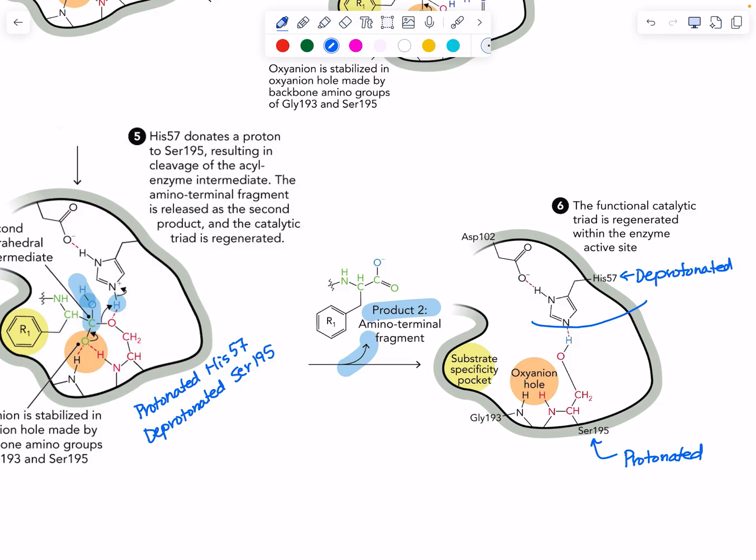And the substrate has left the active site, so we have nothing left in here in terms of our extra atoms, and the structure is going to relax in such a way that this histidine is not going to take that proton back from the serine.